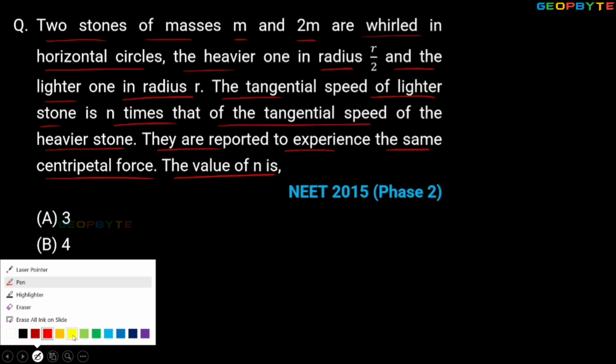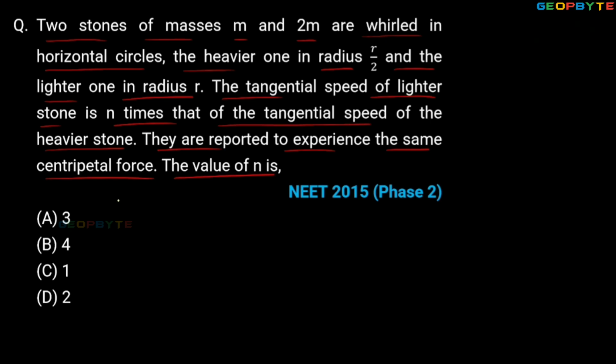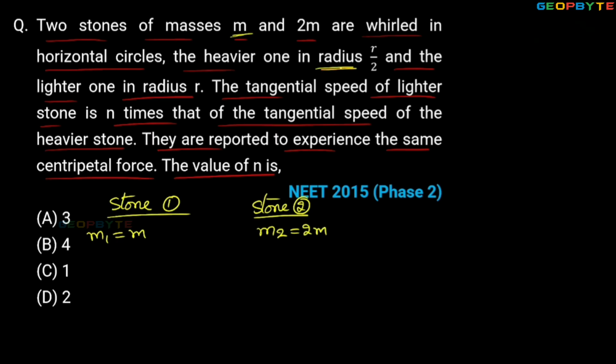There are two stones, stone 1 and stone 2. Given stone 1 mass is m1 equal to m, stone 2 mass is m2 equal to 2m, and the heavier mass radius r by 2, that means r2 equal to r by 2, whereas the lighter one r1 equal to r.